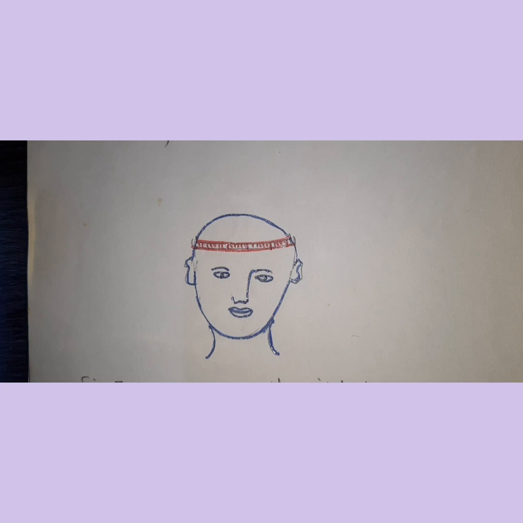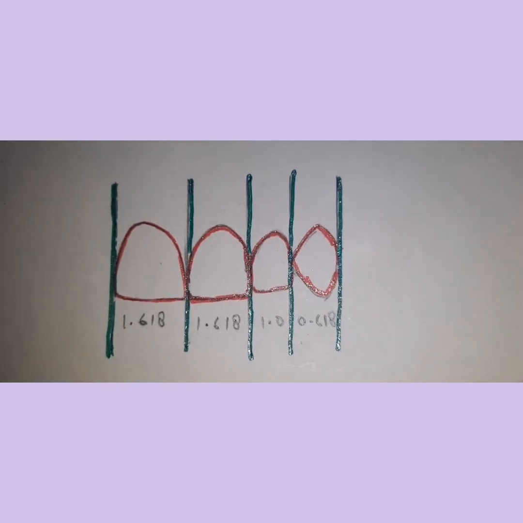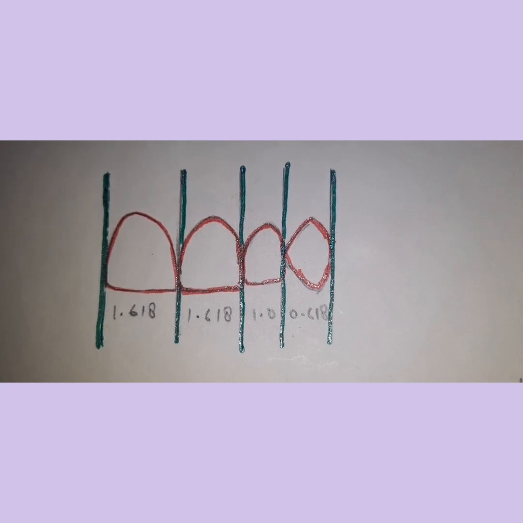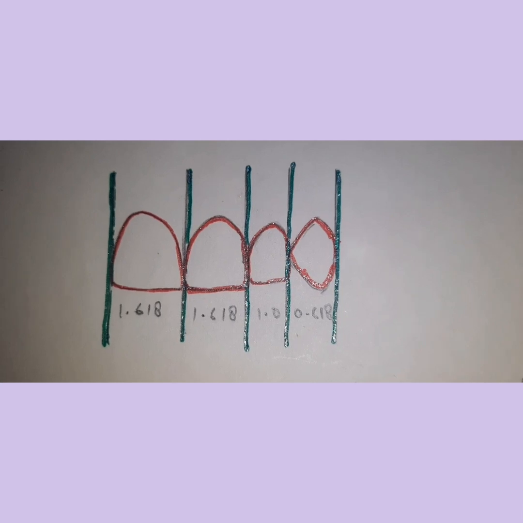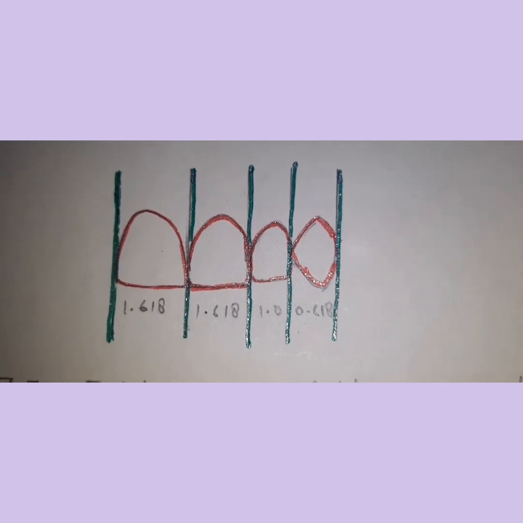Apart from this, you have the golden proportion. Now, Levin advocated the use of golden proportion. According to him, the perceived mesiodistal width of the maxillary anterior teeth lies in the golden proportion, that is 1.618 is to 1.